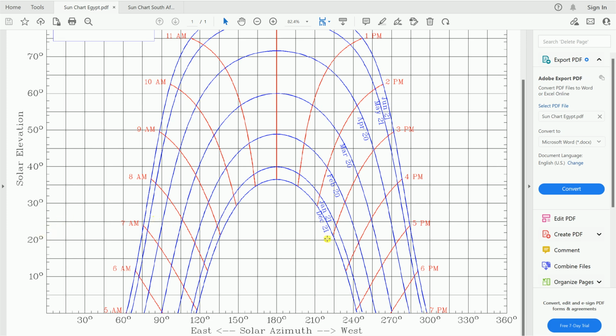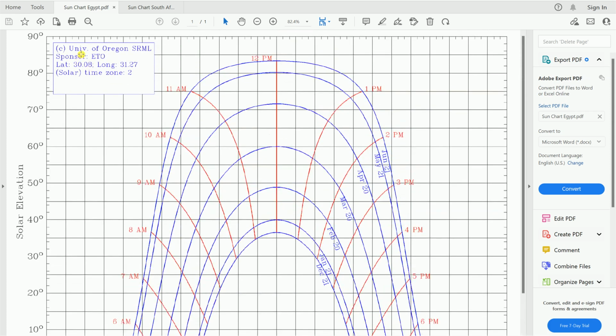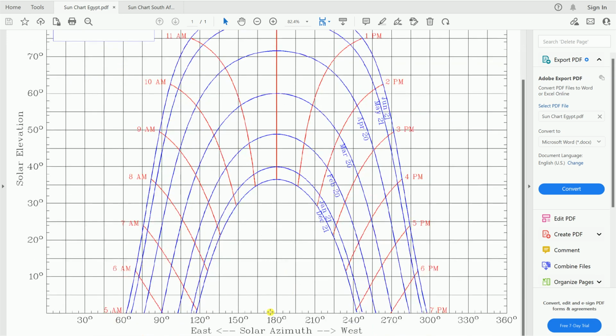Another thing: if you remember the azimuth correction, why do we add azimuth correction? Since we are in the northern hemisphere, we are going to direct our solar panels to the south, which means the azimuth angle should be 180 degrees. However, these values here and here are at a different azimuth.